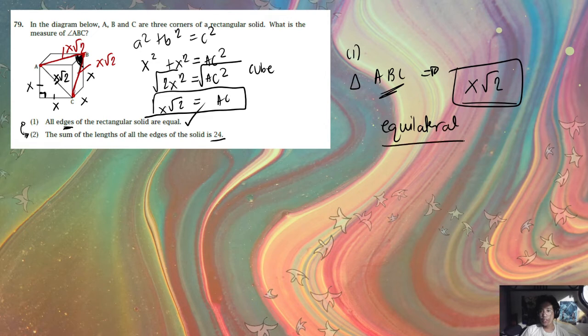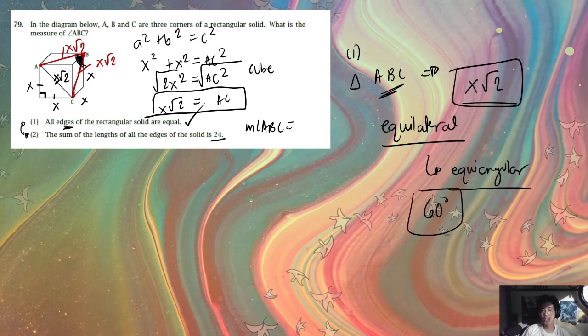And we know that in an equilateral triangle, all of the angles are also the same, so this equilateral triangle is also equiangular. For an equiangular triangle, all of the angles measure 60 degrees. So the measurement of angle ABC is equal to 60 degrees. And that solves the problem.